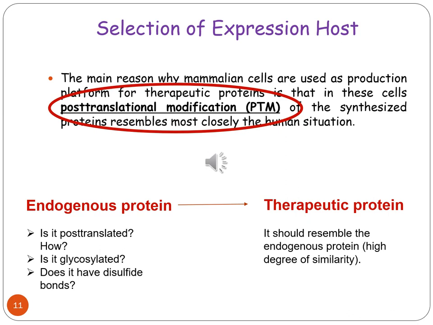So when we produce a therapeutic insulin, it has to contain disulfide bonds, but it should not be glycosylated. So the therapeutic insulin should resemble the endogenous insulin to some degree of similarity.